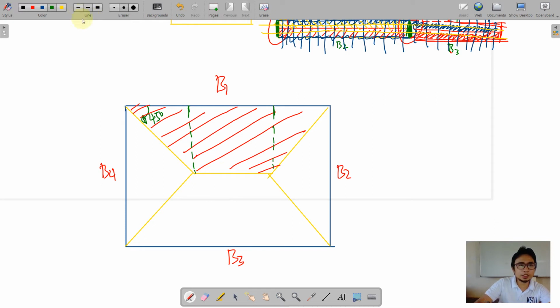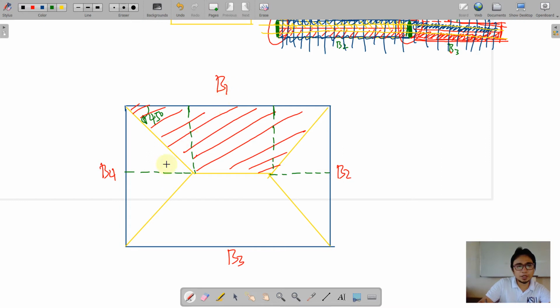How shall we get the dimension? Of course, B1 is already there, the longer base of the trapezoid. What about this dimension? That dimension is actually obtained by subtracting this horizontal dimension here.